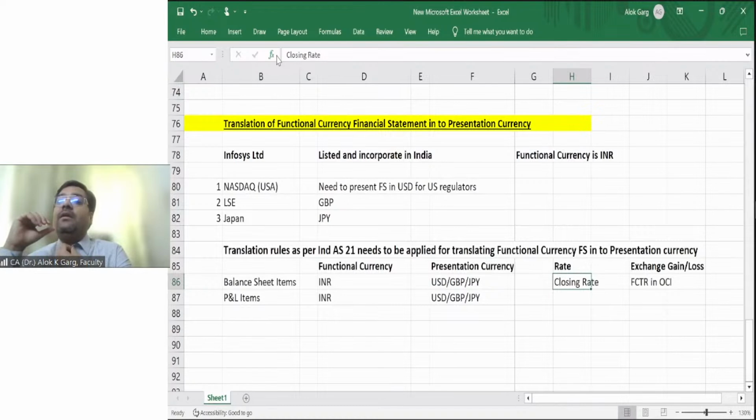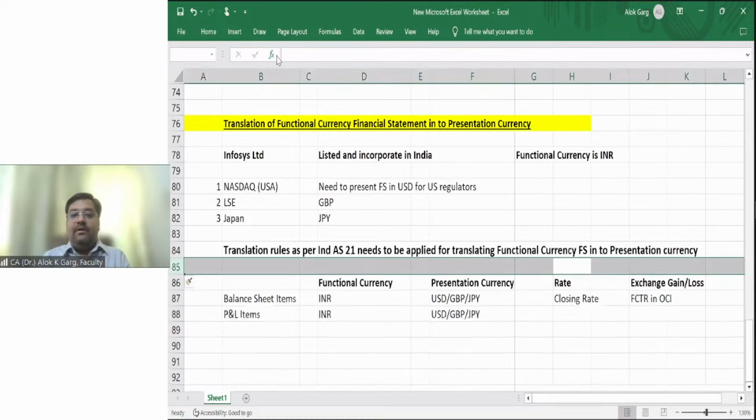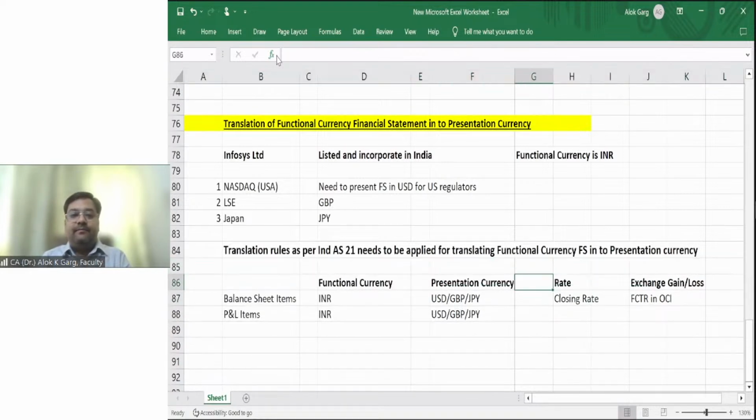But P&L consists of the transactions for the entire year. So at what rate do you convert this P&L? You can use the average rate.